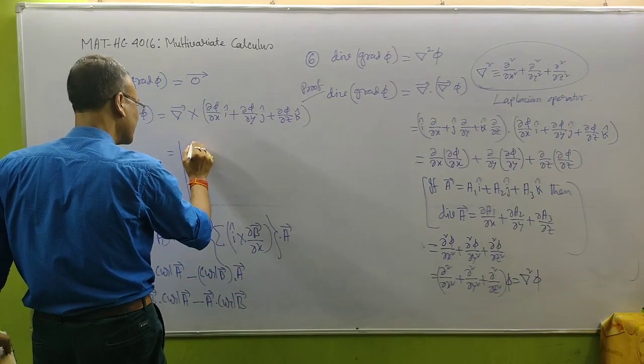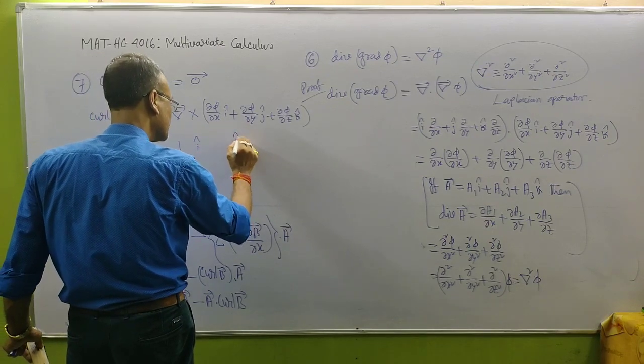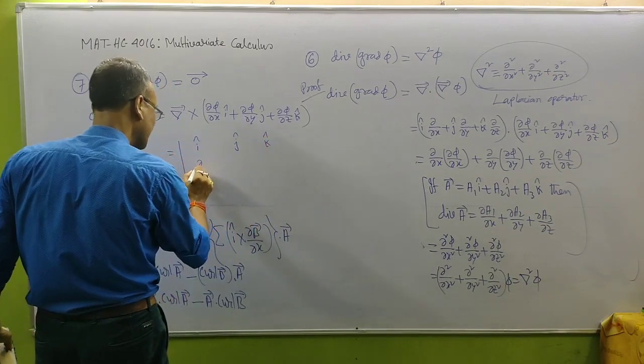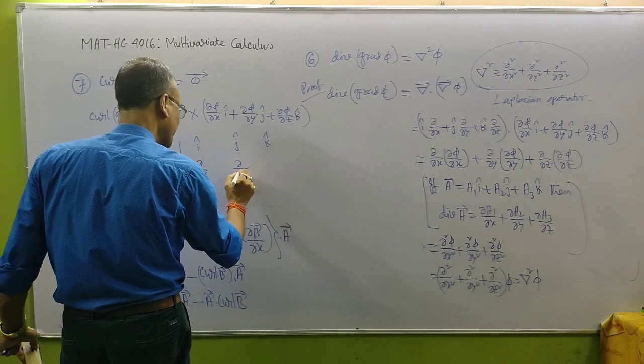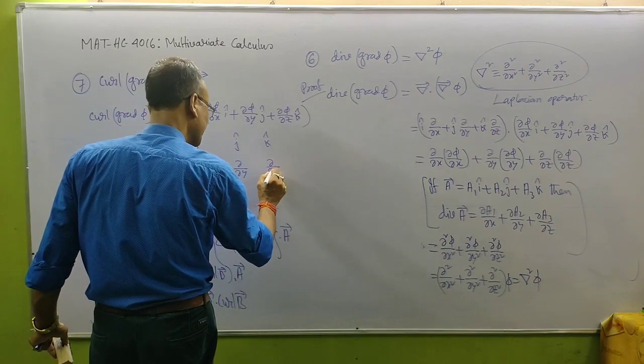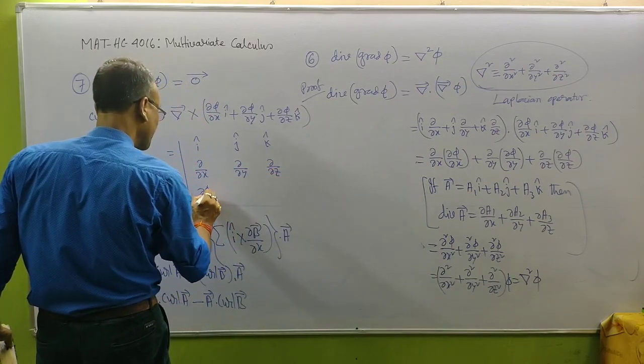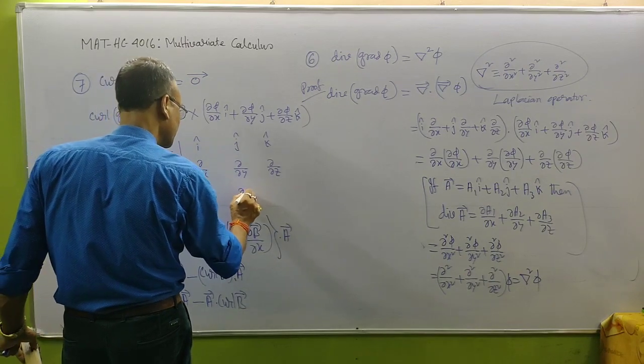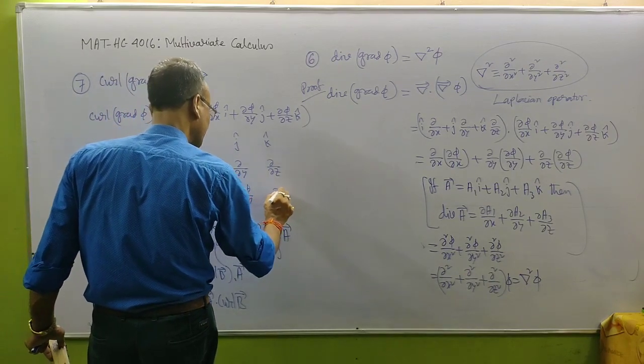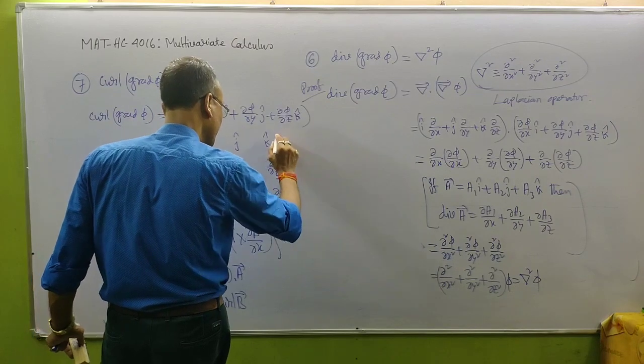This is equal to, for curl you may write the determinant: delta by delta x, delta by delta y, delta by delta z, delta phi by delta x, delta phi by delta y, delta phi by delta z. You may write like this.